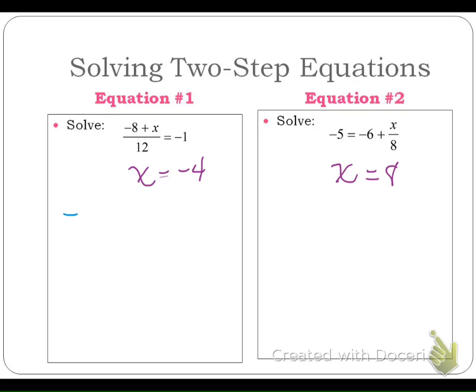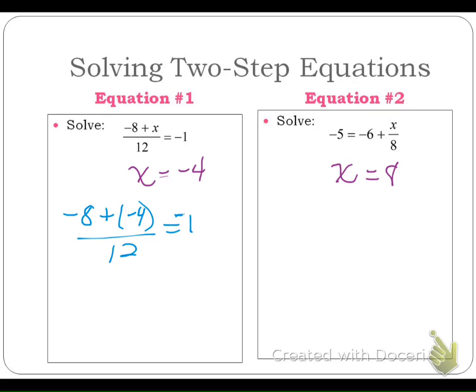Alright, the first equation, I have negative 8 plus x. But I'm not going to write x. Instead, I'm going to make a set of parentheses, all over 12 is equal to negative 1. I'm going to substitute in my negative 4 right in that placeholder of the parentheses. And then I simplify the left-hand side of the expression there.